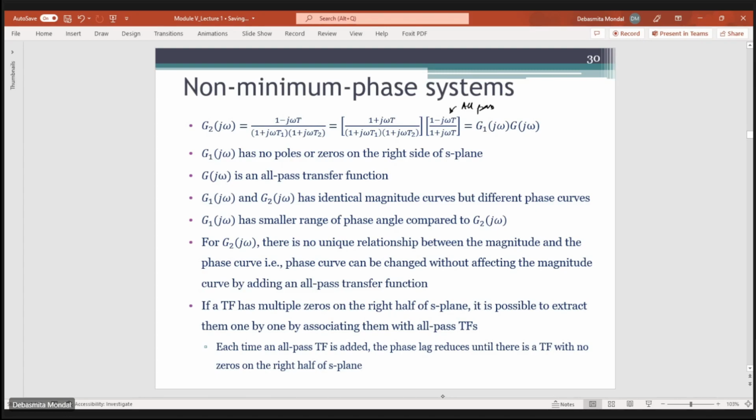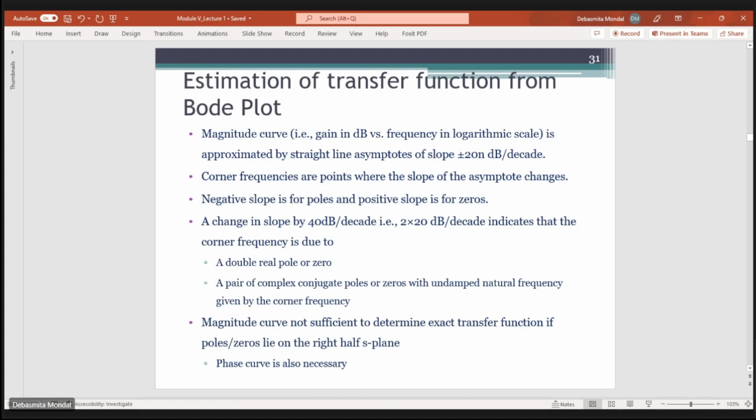As we have already said, if a transfer function has multiple zeros on the right half of the S-plane, it is possible to extract them one at a time by associating them with all-pass transfer functions. Each time an all-pass transfer function is added, the phase lag is reduced until we reach a point where the phase lag is minimum. That means all the poles and zeros are lying on the left half of the S-plane. Okay, so now we'll see.